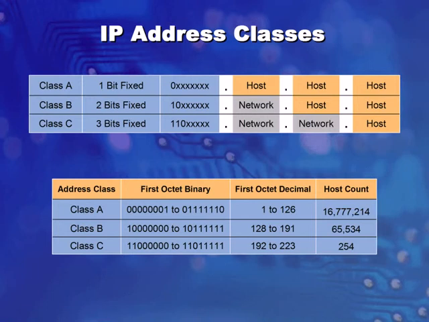Also, the 127 network was set aside for an internal loopback. That is, IP communication from one process to another process inside the same box, never actually touching a local area network or a wide area network. So if you see 127 addresses, in particular 127.0.0.1, which is used a lot, that's usually to communicate to the local host inside the device itself.